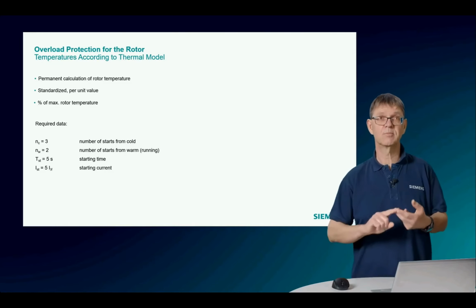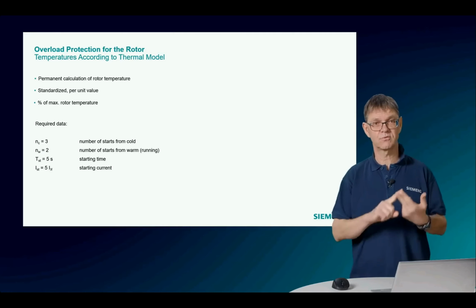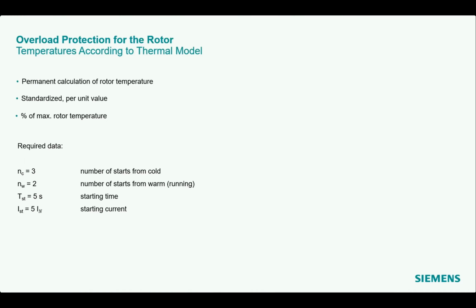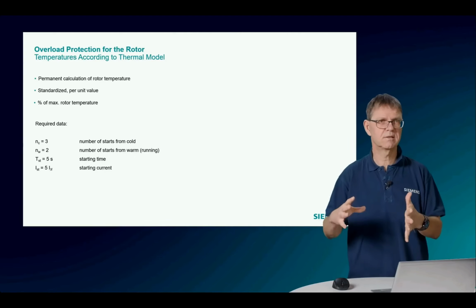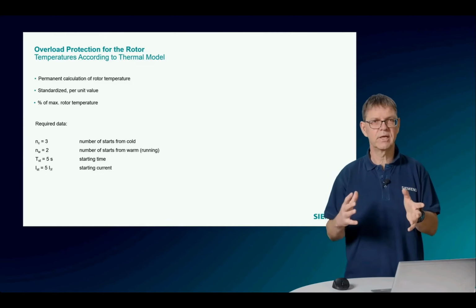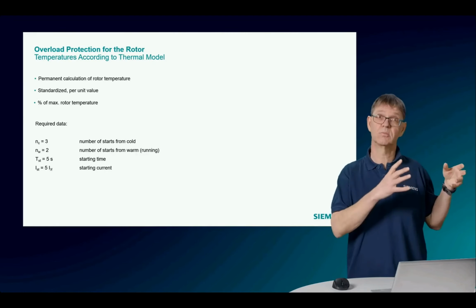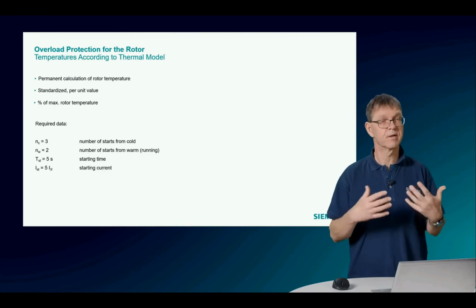Here we need the number of starts of the motor from the cold state, from the warm state, and then the starting time and the starting current, for which these numbers of starts can be applied. Basically, this is normally the nominal start, or it's dedicatedly calculated and designed for a special load situation if it's a customized motor.